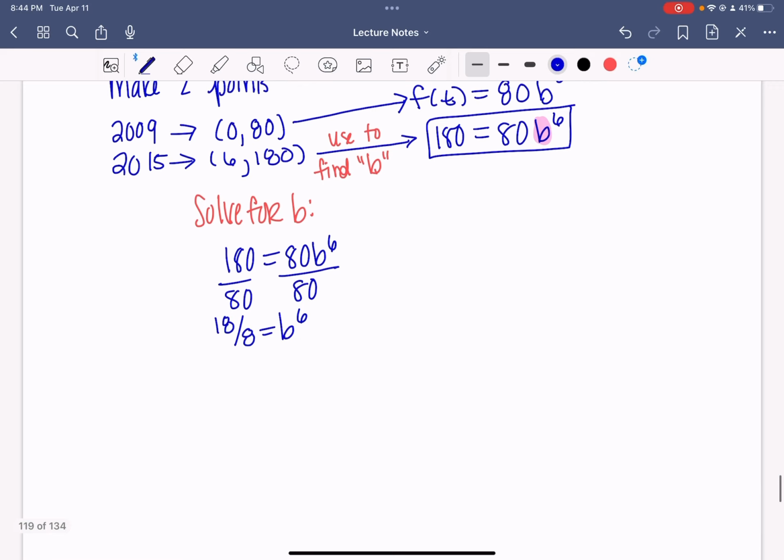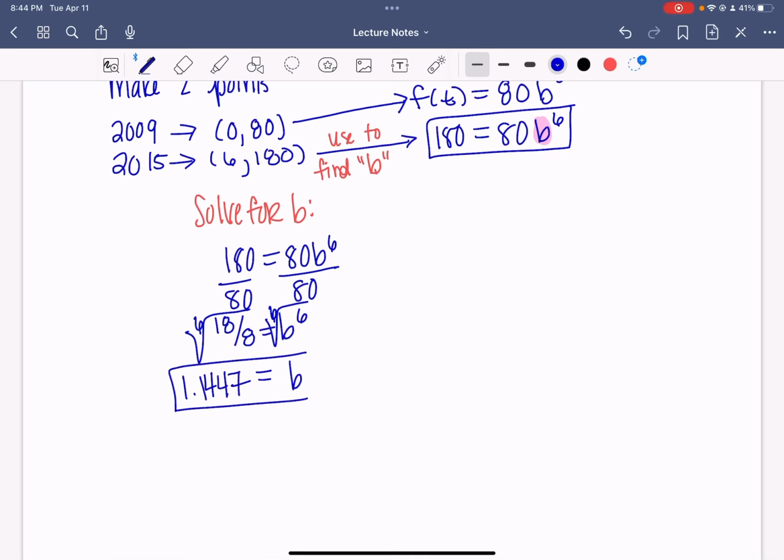Again, just using your on-screen calculator. In order to get rid of the 6th power, I would have to take the 6th root. And that gives me B equal to the 6th root of 18 over 8. Would just reduce down to 1.1447.